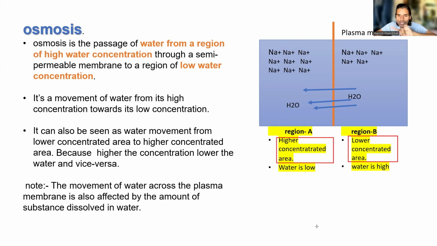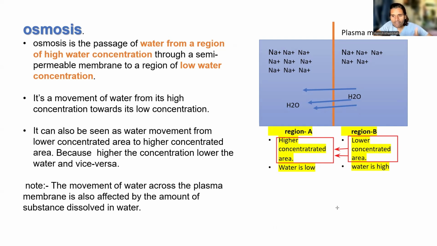Water is going in reverse, let me give you an arrow. See, from lower to higher concentrated area. And what is going? Water is going, not molecules. Molecules of water are going, which is also known as diffusion of water.